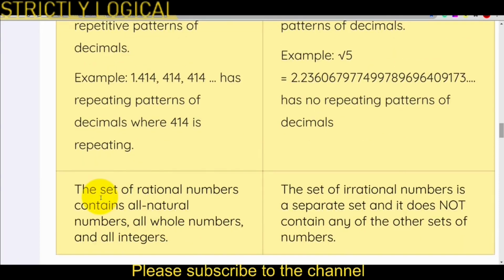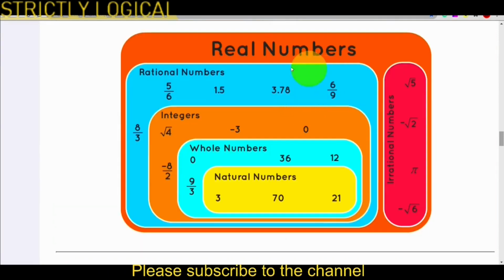Then the last difference is that the set of rational numbers contains all natural numbers, all whole numbers and all integers, while the set of irrational numbers is a separate set and it does not contain any of the other sets of numbers. Let me show you a picture of real numbers. You can see this small box which contains natural numbers, those numbers which start from 1 and so on.